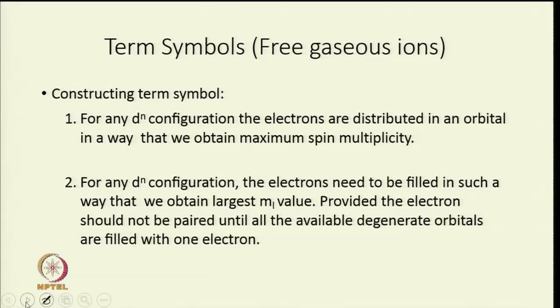For constructing a term symbol for any d^n configuration, electrons are distributed in the orbitals in a way that gives maximum spin multiplicity, and large ml value, provided the electrons are not paired until all the available degenerate orbitals are filled with one electron.